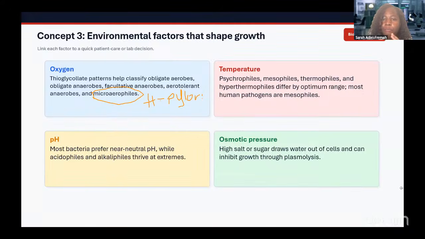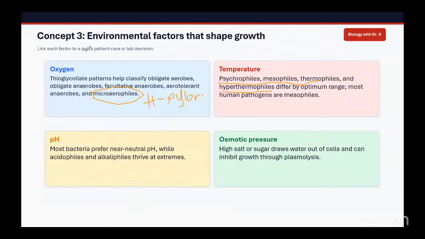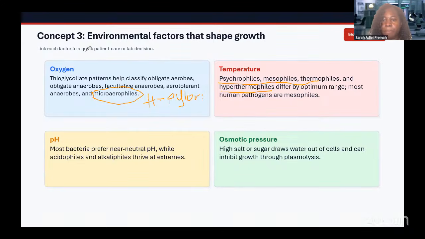Now, what type of microbe or pathogen based on temperature can reside with humans in our body? When you look at these four classifications, psychrophile, mesophile, thermophile, and extreme thermophile or hyperthermophile, what microbe do you think can reside in our body? Okay, so I'm getting some feedback.